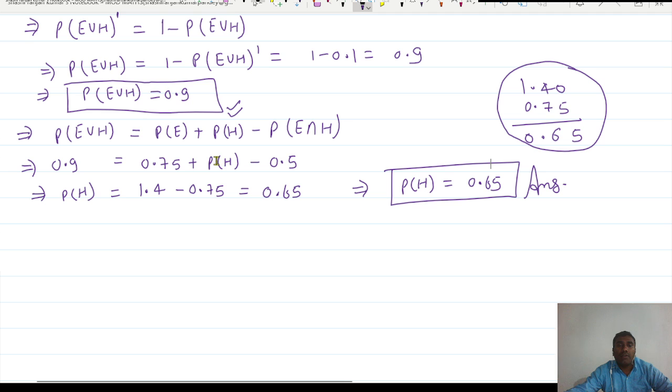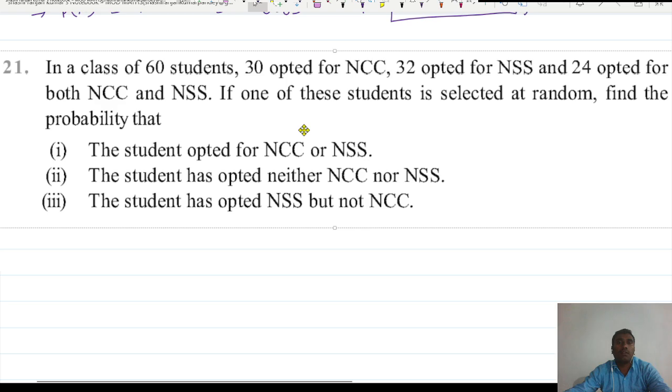So we write P(H) and transfer all the terms to one side. The minus 0.5 goes to this side and becomes 1.4, and the plus 0.75 becomes negative when transferred, so we subtracted. This is the answer for the probability of Hindi. P(H) means probability of Hindi. Hopefully you get the concept, right?